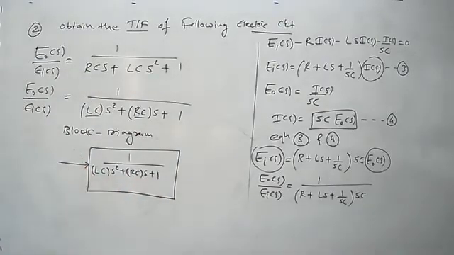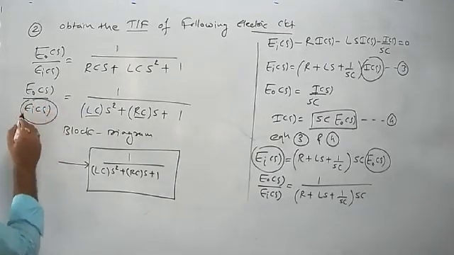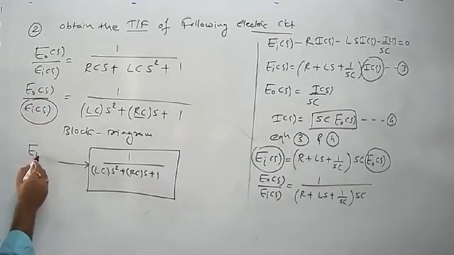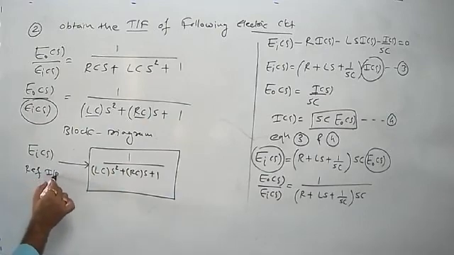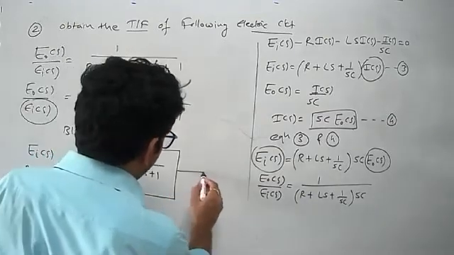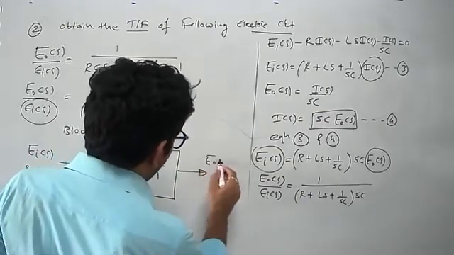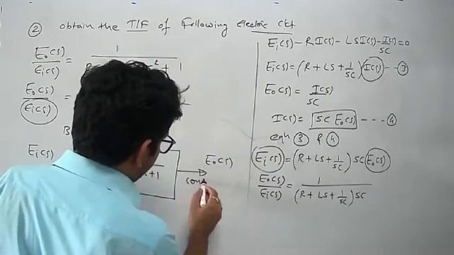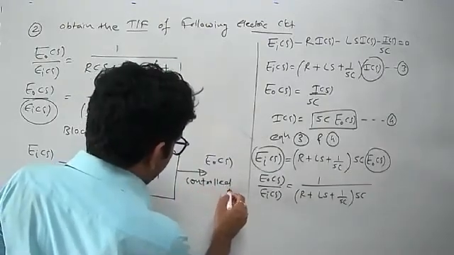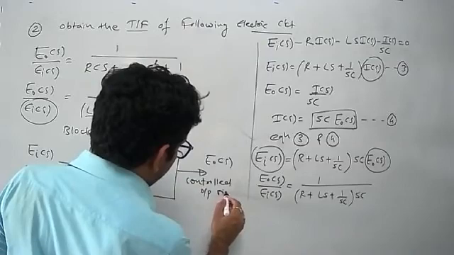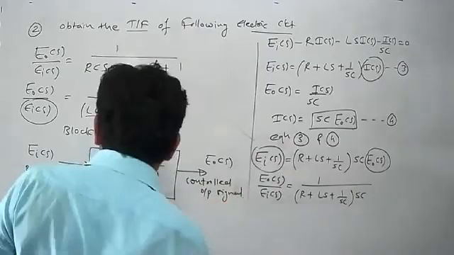To this we need to apply some reference input signal. In this case we applied the input reference signal as Ei(s). This indicates your reference input signal, and corresponding to this it is going to generate some controlled output, which is nothing but E naught of S. So this is our controlled output signal.